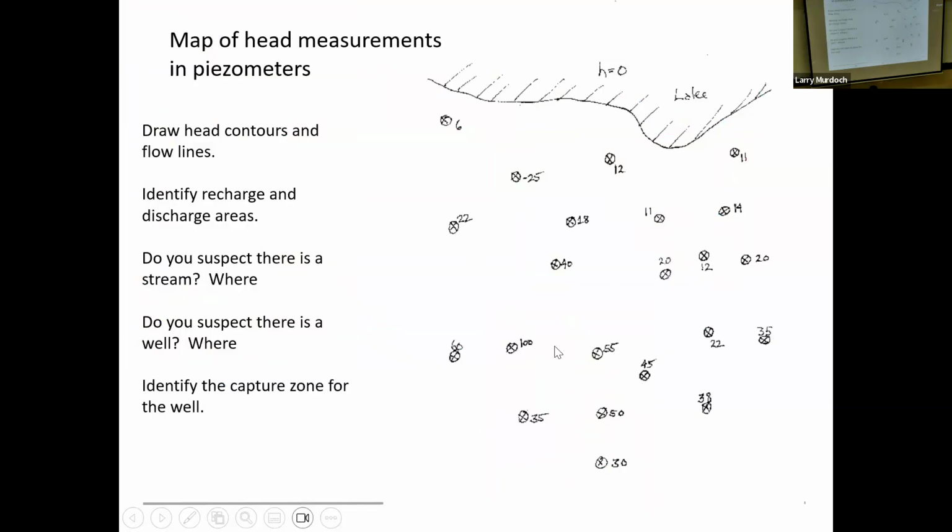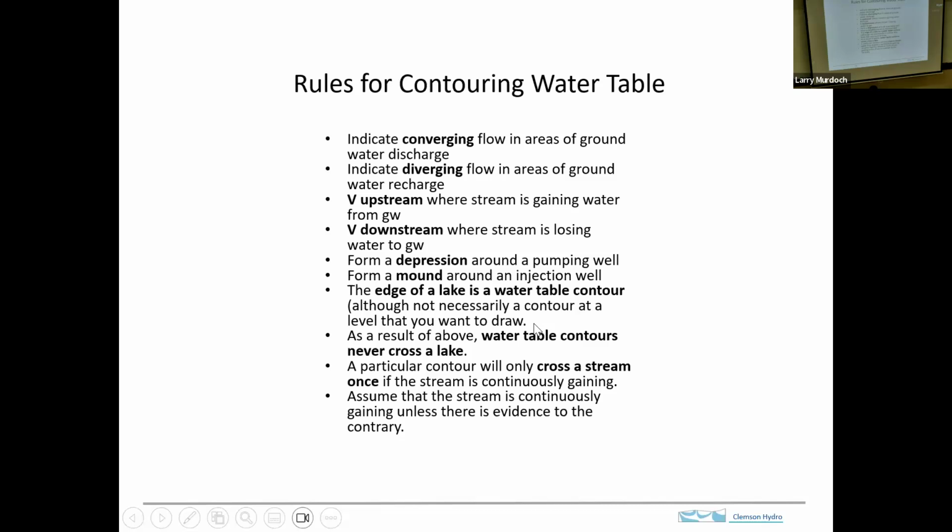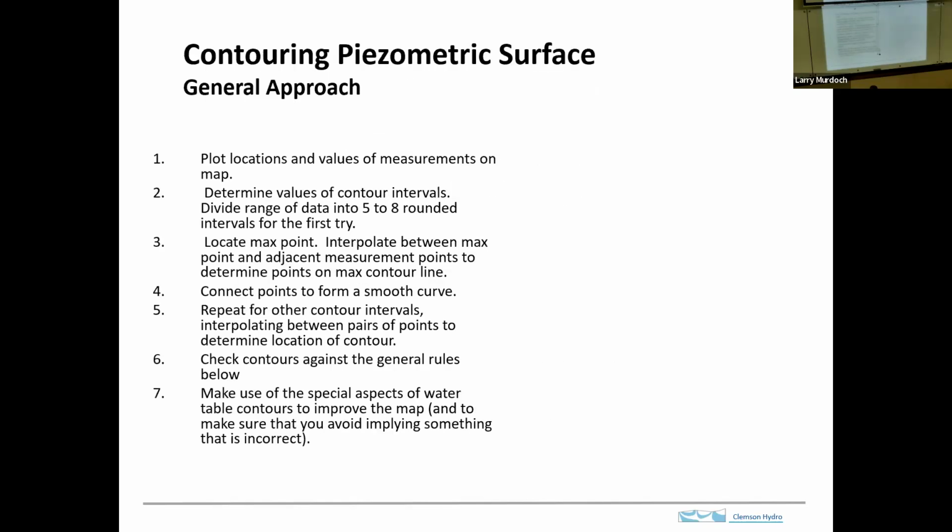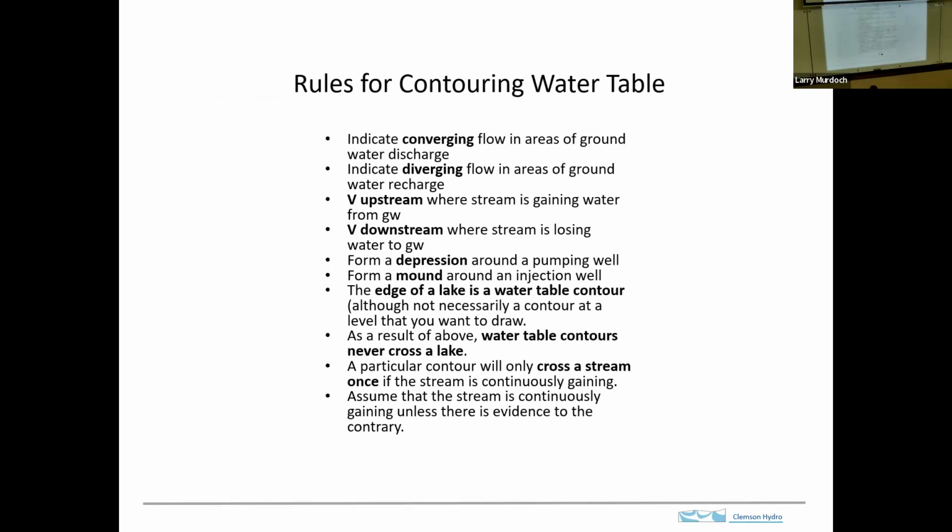So I want to do this example. This was a handout last time, so hopefully you have it. And before we get started, let's just review a couple of things. We had the general rules of contouring that we took a look at last time. You should have a handout about those general rules. But there are also rules for contouring the water table.